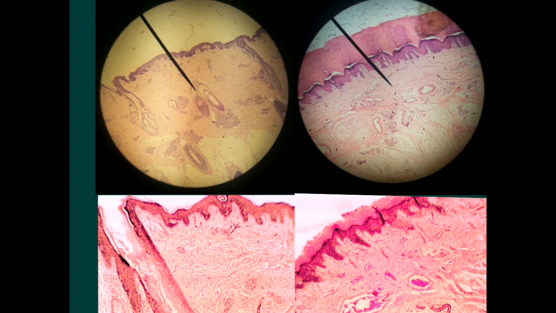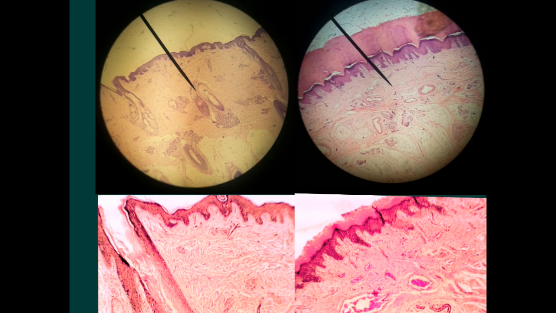The last two slides in the group of elongated structures is the skin. Of course, you know that we have the thick skin and the thin skin. Here in the thick skin, it is characterized by having a thick keratin, which is pink in color, either this or that.